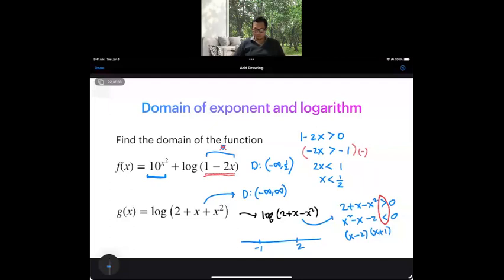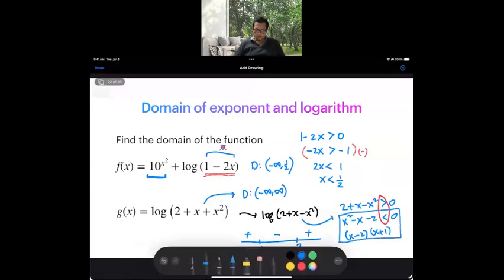So we check 0. 0 is negative, and this will be positive. Oh, wait. Negative, negative, positive. And 3 will be positive. If we follow this, then we are going to have this.